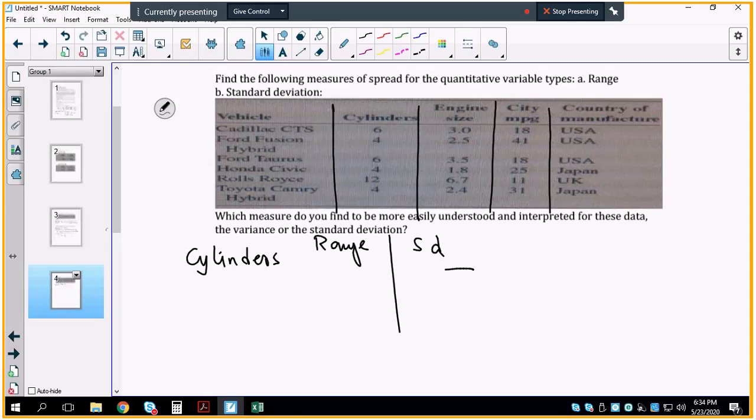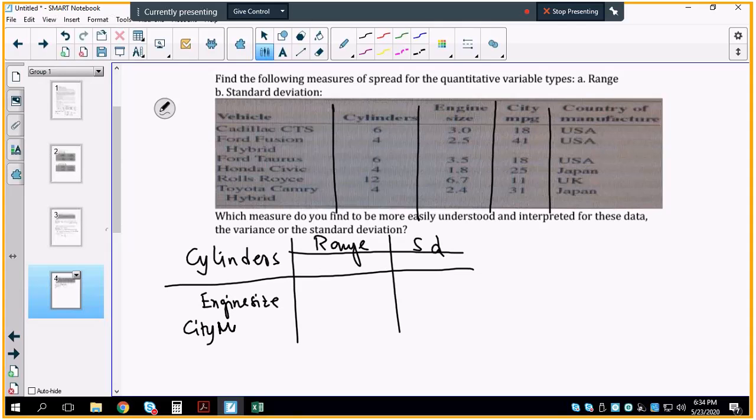So let's do the range first. These are my variable types.